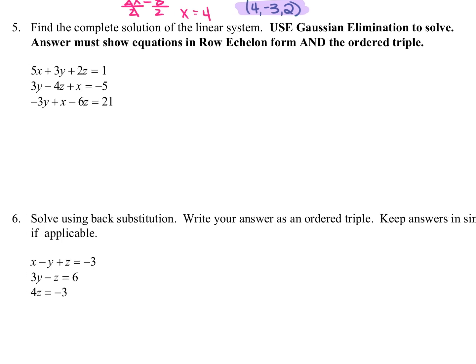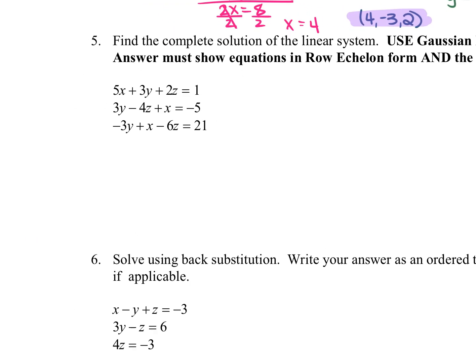If we rewrite these in standard form, we have 5x plus 3y plus 2z is equal to 1, x plus 3y minus 4z is equal to -5, and x minus 3y minus 5z is equal to 21.